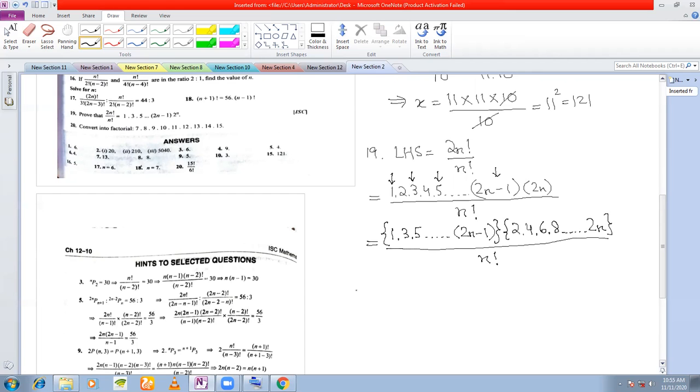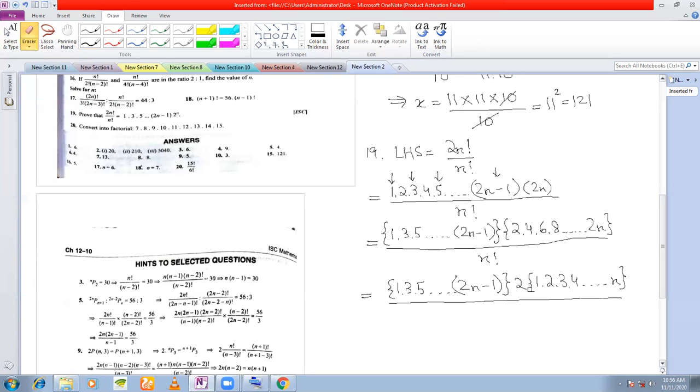Okay. So now what happens? 1 into 3 into 5 up till 2n minus 1, I write as it is. And from the second part, if I take 2 common from all this product, what am I going to be left with? 1 into 2 into 3 into 4 up till n, divided by, in fact, not 2, 2 to the power of n.